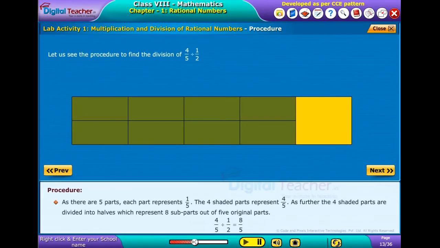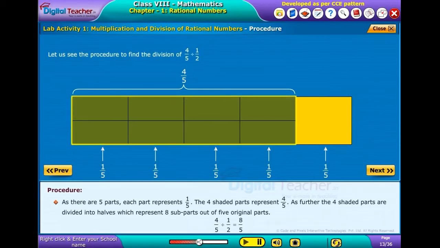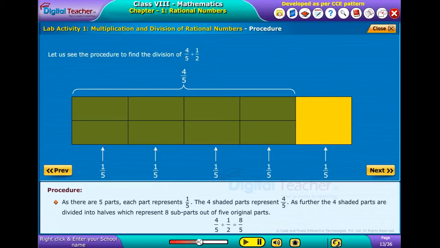As there are 5 parts, each part represents 1 by 5. The 4 shaded parts represent 4 by 5. Further, the 4 shaded parts are divided into halves, which represent 8 subparts out of 5 original parts. That is, 4 by 5 divided by 1 by 2 is equal to 8 by 5.